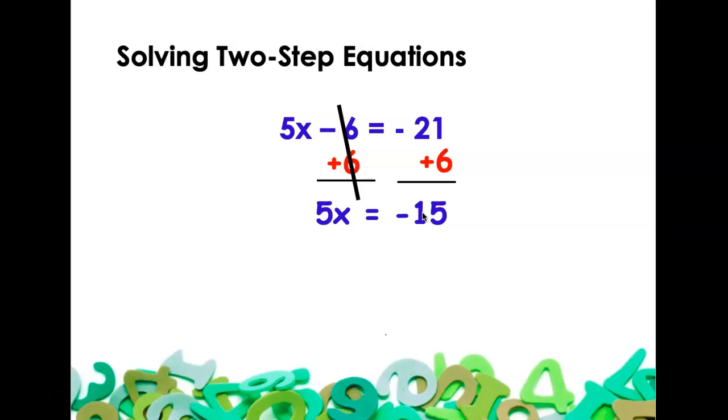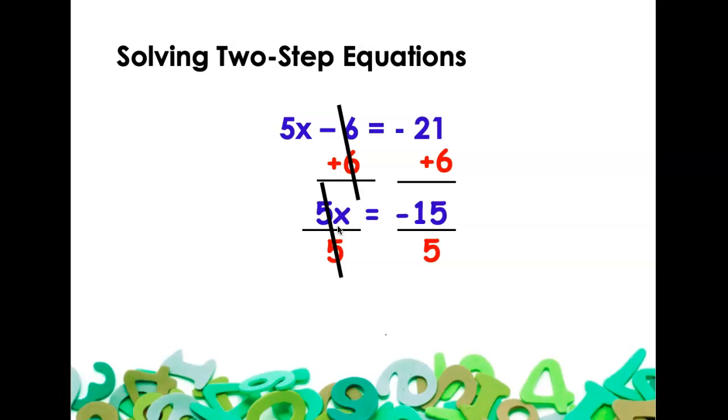Step number 2 says you either multiply or divide the coefficient. This is multiplication, so we're going to do the opposite. So we are going to divide by the coefficient. The coefficient is 5. So we're going to divide both sides by 5. 5 divided by 5 is 1.